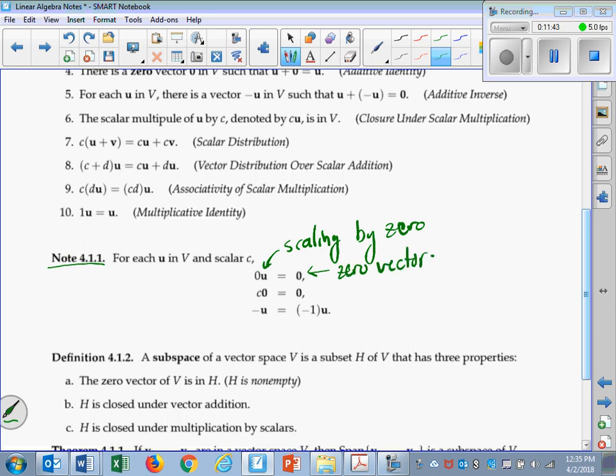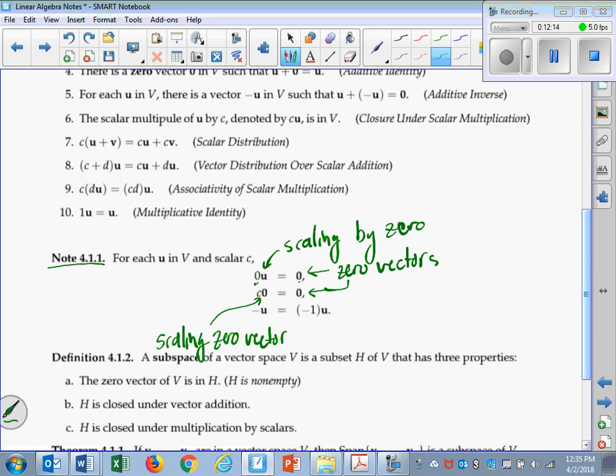These two zeros here and here are not the same 0. The 0 on the right, I tried to make it bold, is the vector 0, and the 0 on the left is the scalar 0. Now here, what if we try to scale the 0 vector by c? Well, when you scale the 0 vector, you still get the 0 vector. So nothing about that changes.